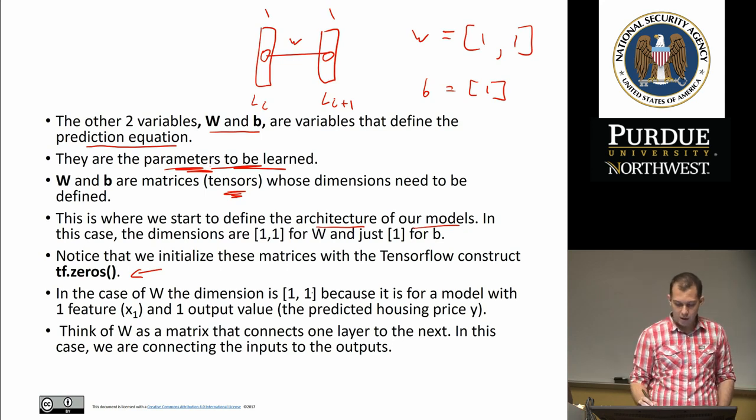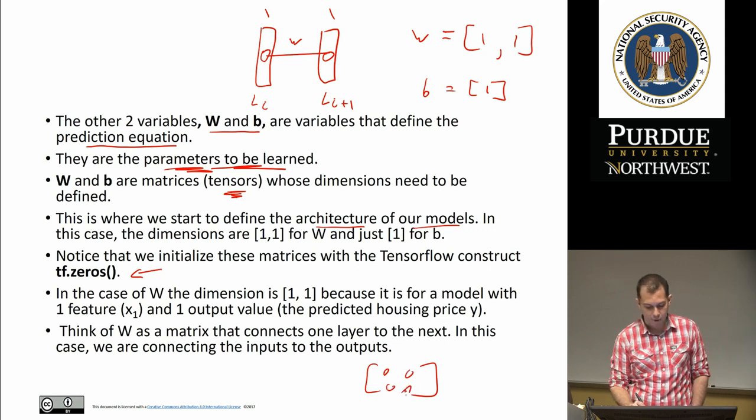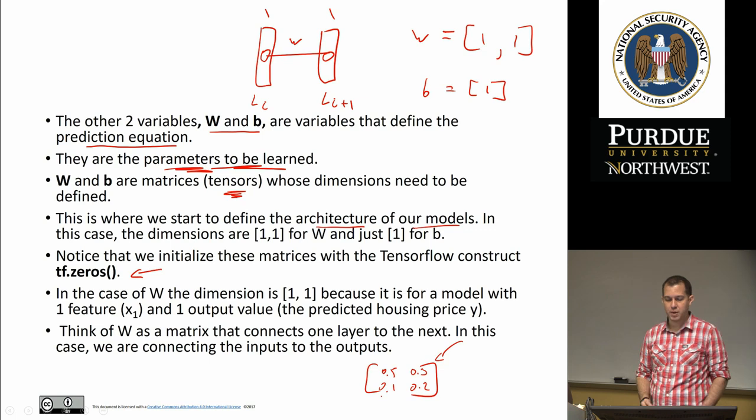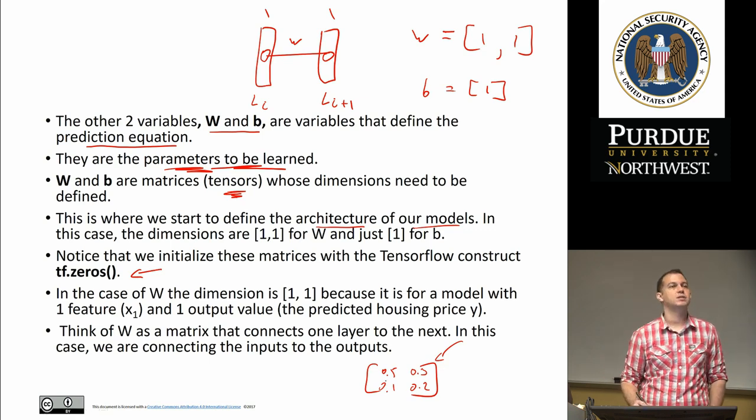Usually, instead of creating these with all zeros, imagine we have 4. Instead of creating all zeros, it turns out that sometimes it's better to initialize these with certain specific distributions. So you might do something random, like 0.5, 0.2, 0.1, 0.3, etc. And I'll explain in another video why this is useful, but it basically has to do with the fact that we have to do a search in a function, in a space, right?